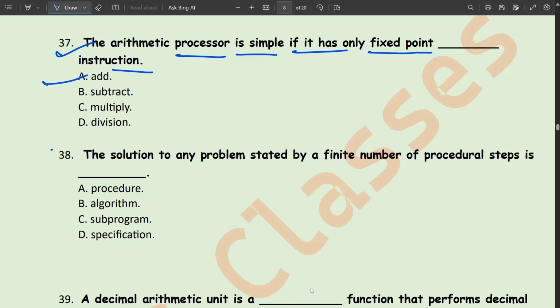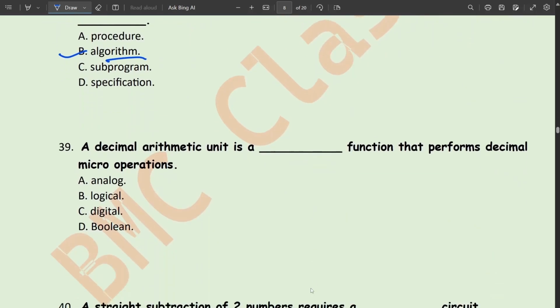Next, the solution to any problem stated by a finite number of procedural steps is called? The answer is option number B, algorithm. The solution to any problem stated by a finite number of procedural steps is an algorithm. Okay.